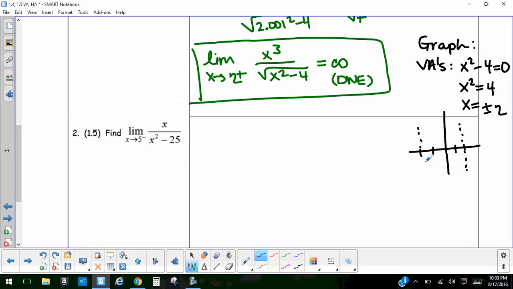You can check and confirm on your graphing calculator, but we just found when we were larger than 2, when we came 2 from the right, that we were going to infinity. So we've just figured out it's curving up like that. If you check on your calculator, you will actually see it's one that kind of has a slant asymptote.